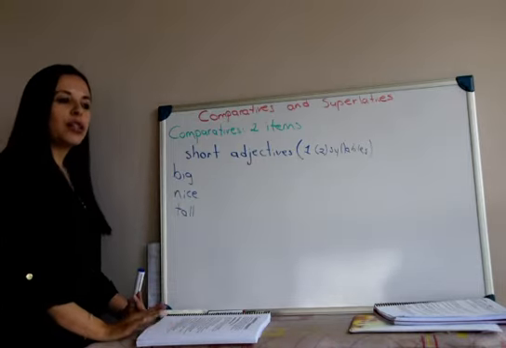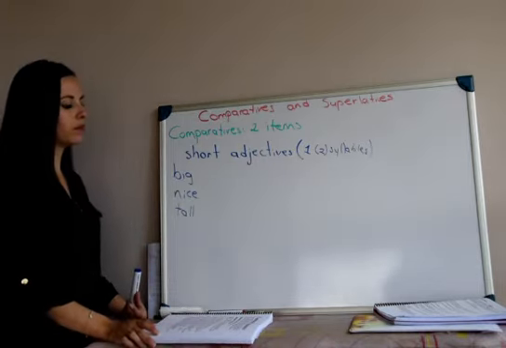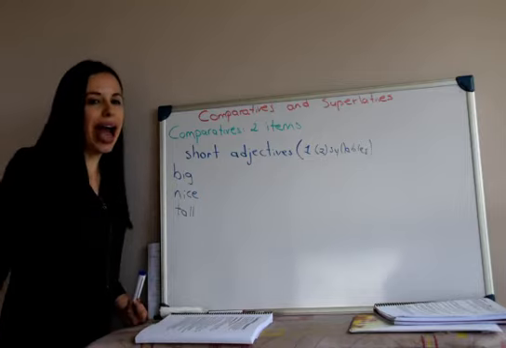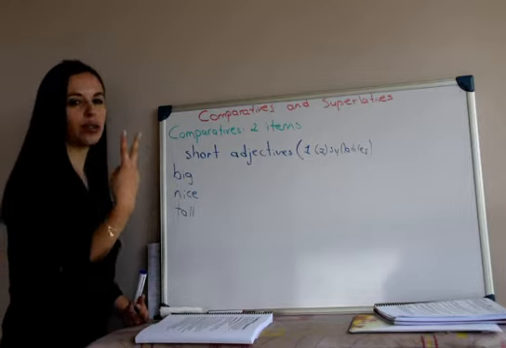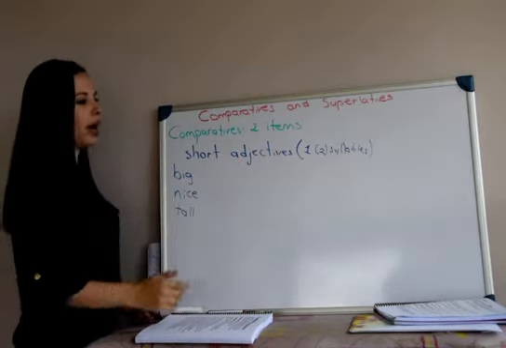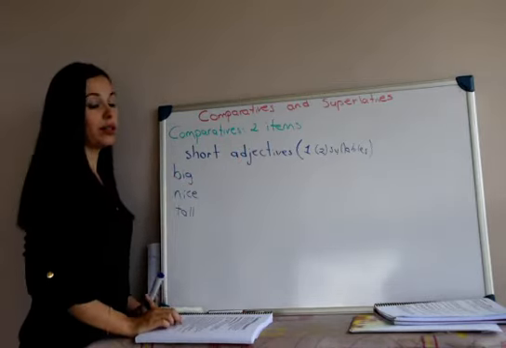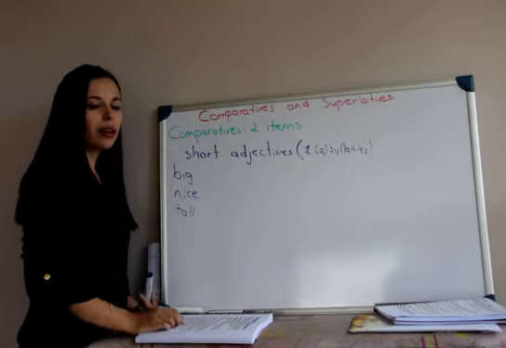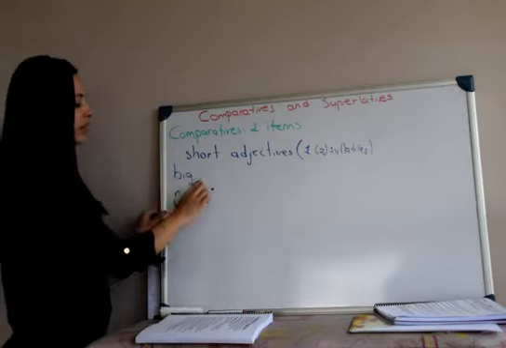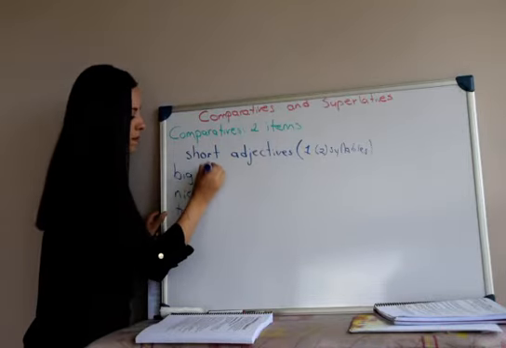Now, let's say that we want to compare, I'm going to compare my house with my sister's house. Okay, I'm comparing 2 houses, only 2, so I use comparative. And I'm going to say that, okay, my sister's house is big, my house is really small, it's an apartment. So I can say subject.